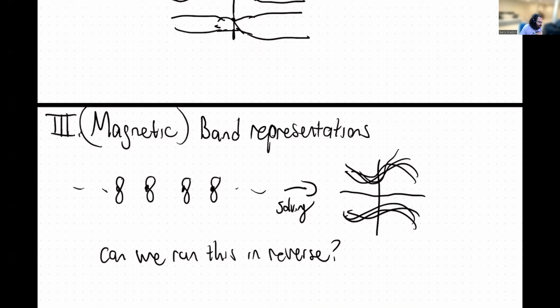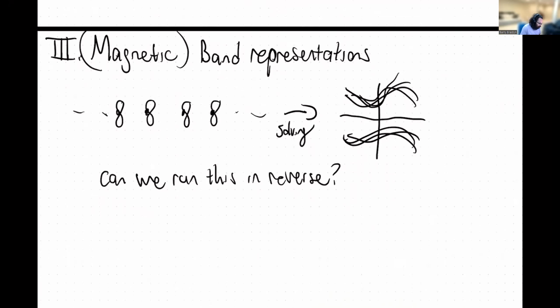In particular, we can ask the opposite question: given our solutions to the Schrödinger equation, can we pick some of them for the bands that we're interested in and Fourier transform them back from momentum space into position space? And can we do this and get a set of functions that approximates our starting orbitals?